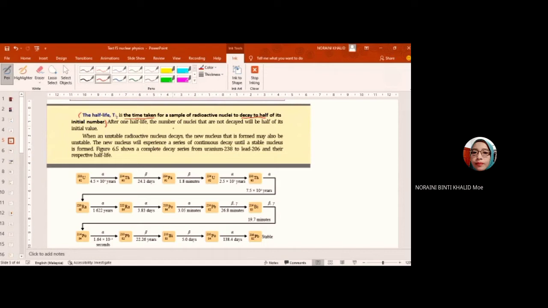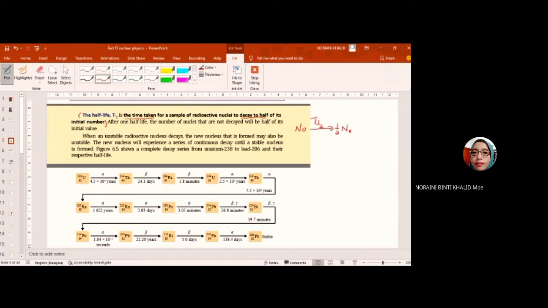After one half-life, the number of nuclei that have not decayed will be half of its initial value. For example, if the initial value is N0, after one half-life it will become half of its initial value. So the time taken here, we call it half-life.